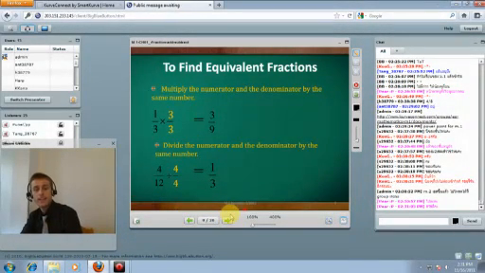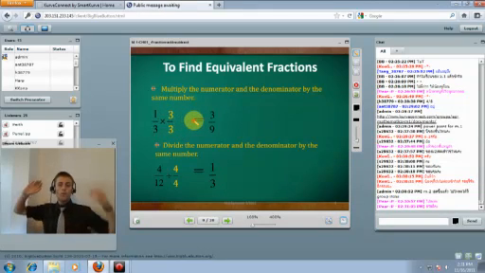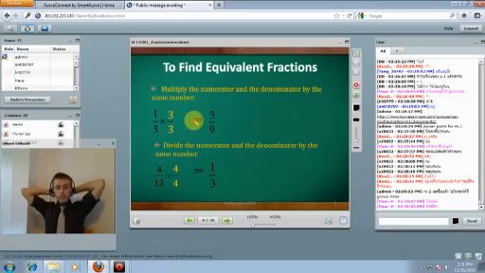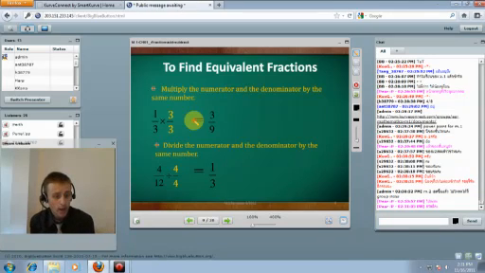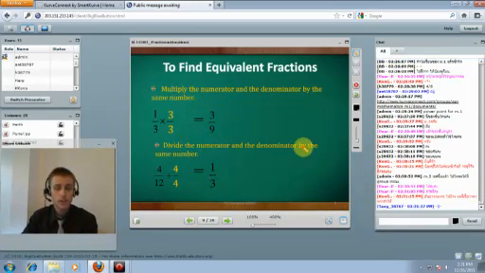Okay, to find equivalent fractions, multiply the numerator and the denominator by the same number. So, if we wanted to find what equivalent fractions there are for 1/3, multiply the numerator and the denominator by the same number. So in this example, 1/3 times 3 over 3 equals 3/9.